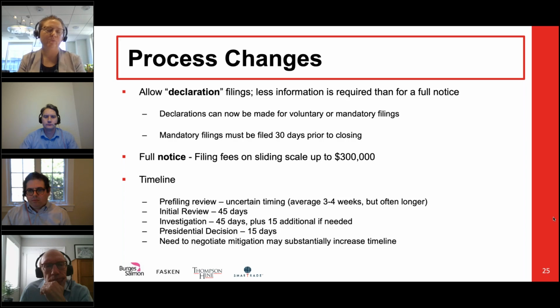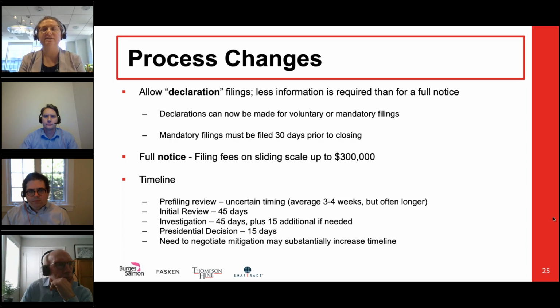And there's often basic questions asked during that period. You might choose to engage in pre-filing discussions even earlier, and we'll talk about that later. But the initial review period is now 45 days. If it goes to an extended investigation, it's 45 days up to 60. And then if they make a recommendation to the president, there's 15 days for him to decide.